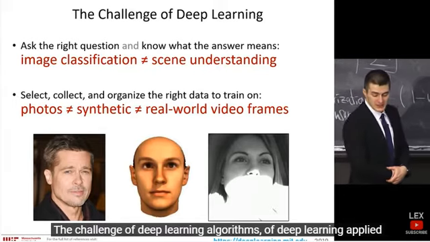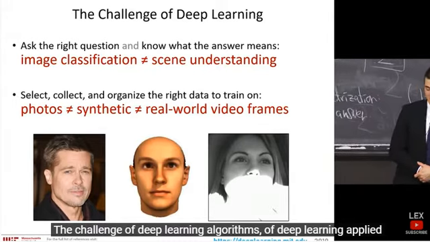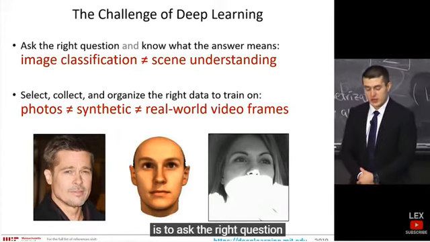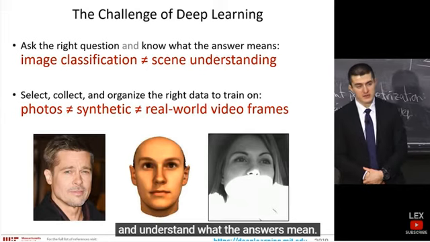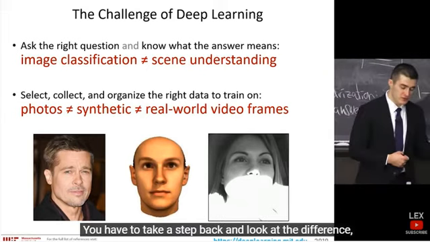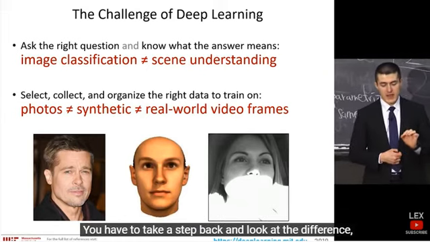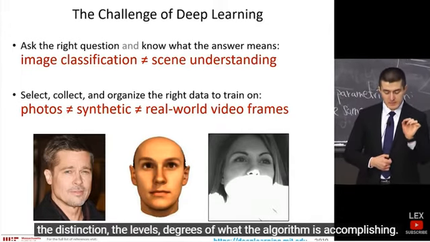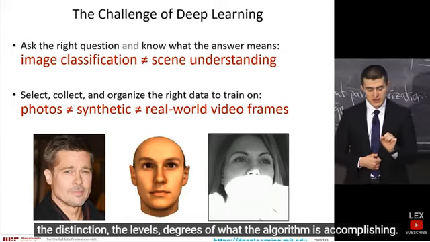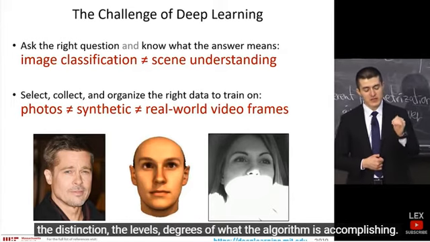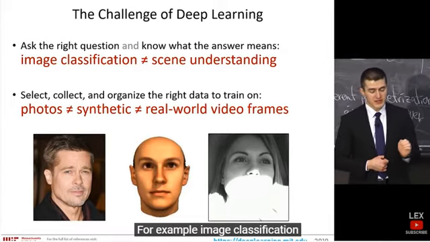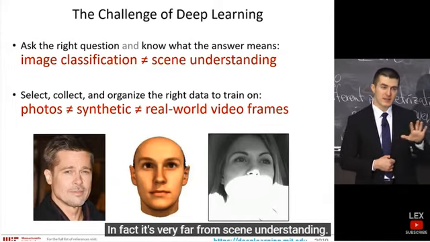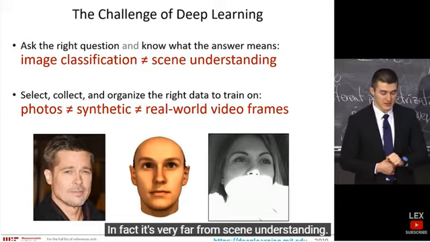The challenge of deep learning algorithms, of deep learning applied, is to ask the right question and understand what the answers mean. You have to take a step back and look at the distinction, the levels, degrees of what the algorithm is accomplishing. For example, image classification is not necessarily scene understanding. In fact, it's very far from scene understanding.